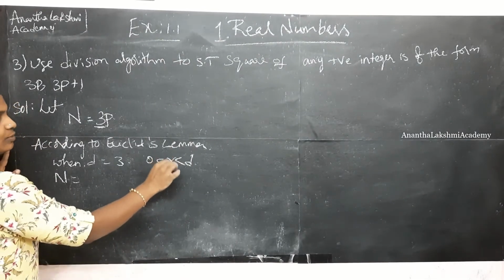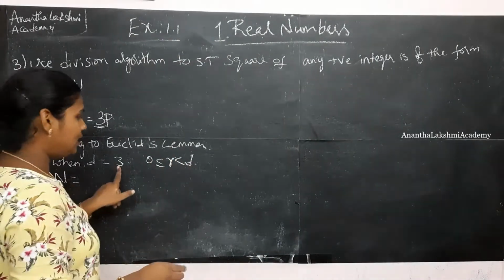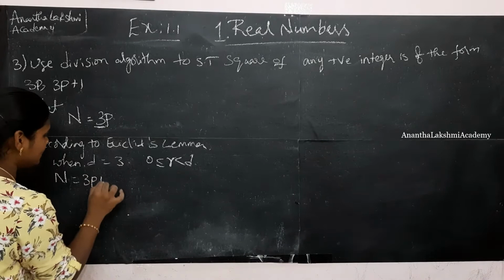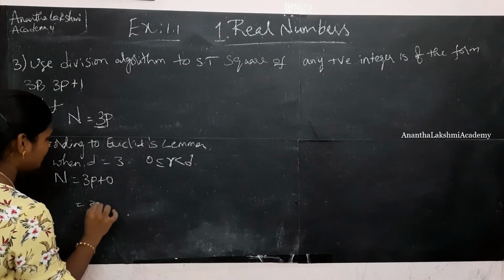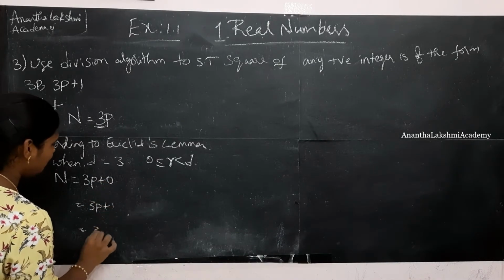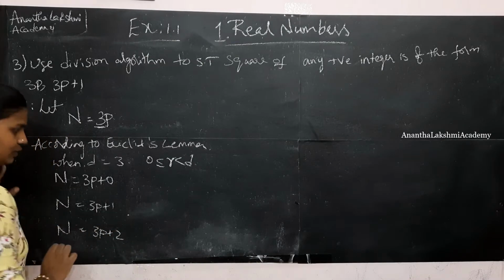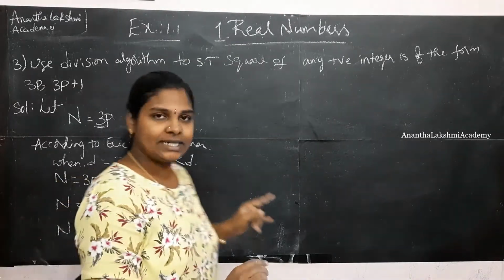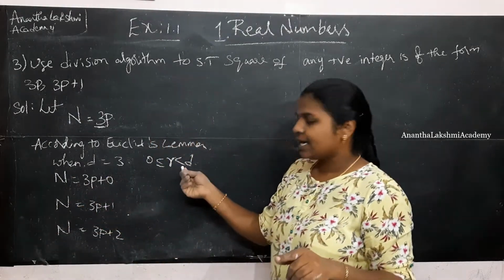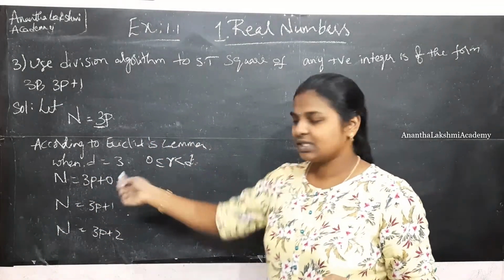So the remainder should be less than d. So 3p plus 0, 3p plus 1, 3p plus 2. So n becomes these three values, right? 3p plus 3 cannot be, because the remainder should be less than the divisor, which is 3.